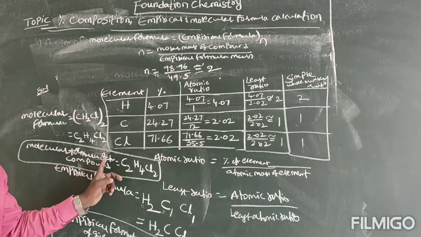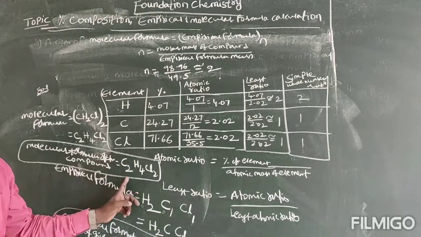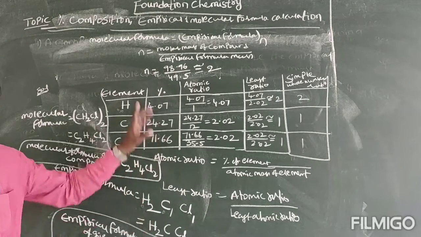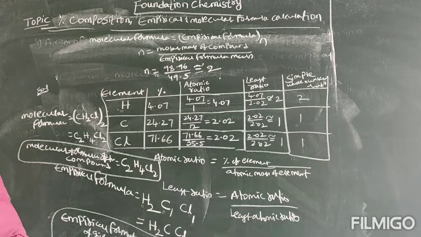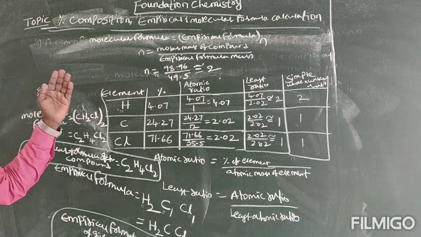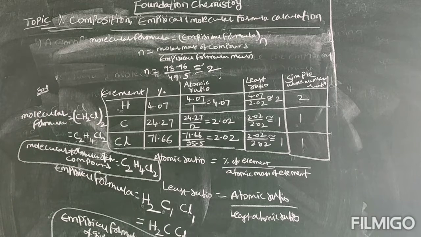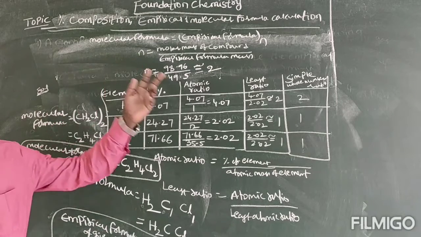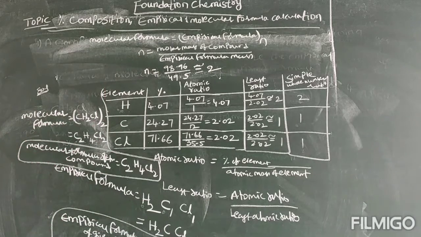The molecular formula of the given compound is what? C2H4Cl. So in this class you have learned percentage calculations and also empirical formula and molecular formula calculation.